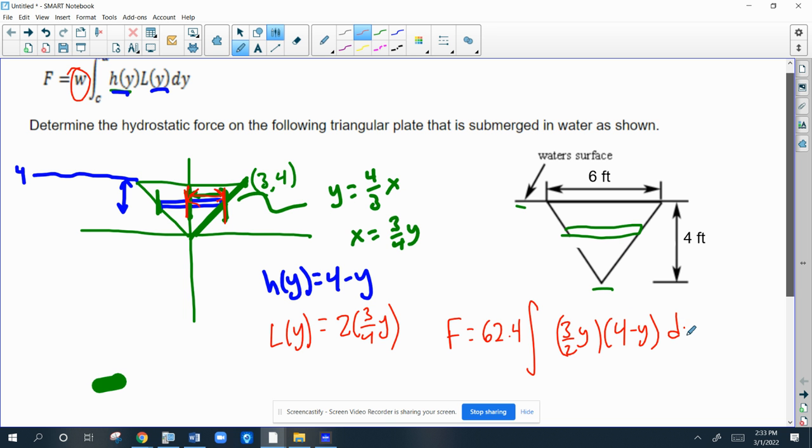And the only thing I haven't talked about are the limits, but the limits are just the area that the water is covering this triangular surface from. So we're starting at 0 because that's how I set my axis up, and we're ending at 4. So that is it.